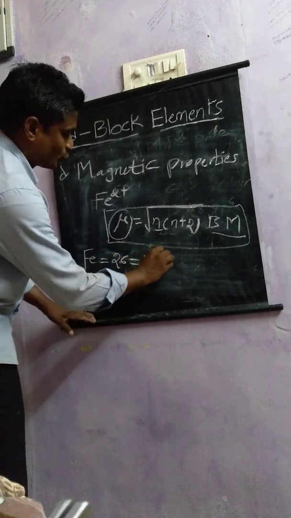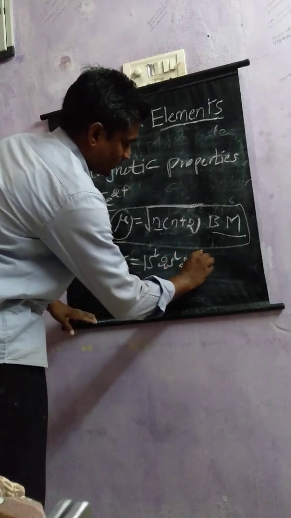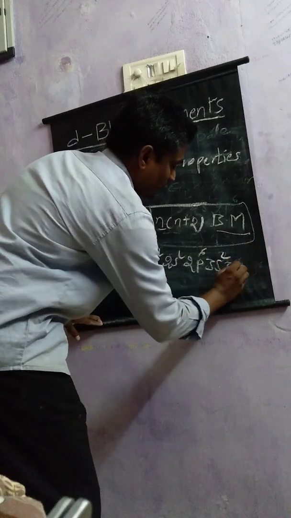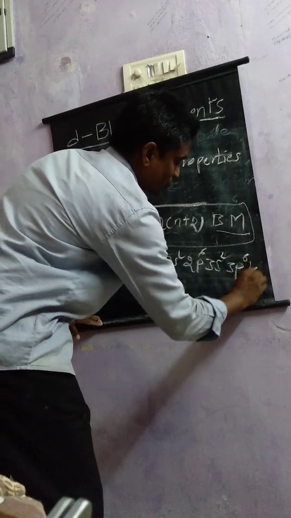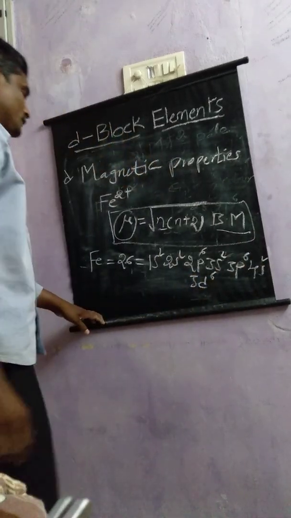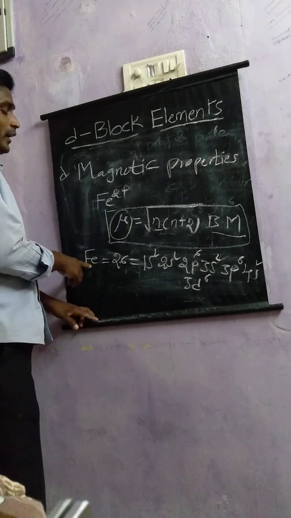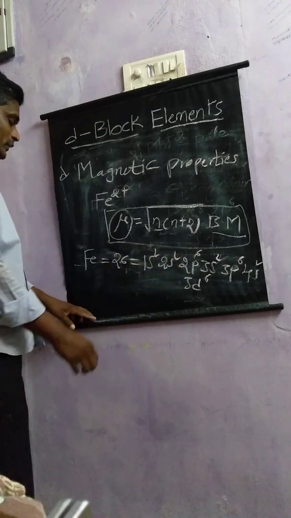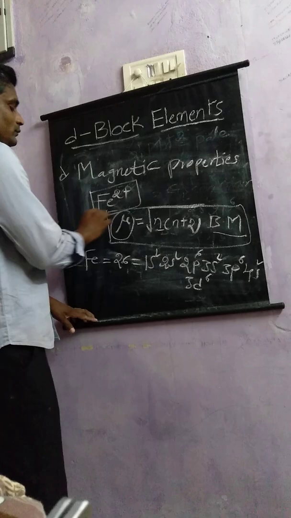The configuration is 1s2, 2s2, 2p6, 3s2, 3p6, 4s2, finally 3d6, which is the atomic electronic configuration. But now I am talking about the ionic state of iron.